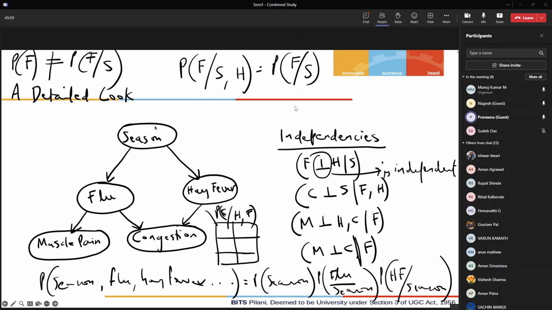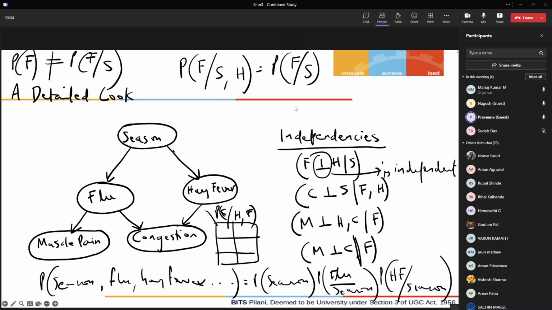I don't need to know season, because it automatically includes the dependent value. The influence of season on flu and season on hay fever is already taken care of by this probability individually. So if I am only interested in this, I will not have to go till here.